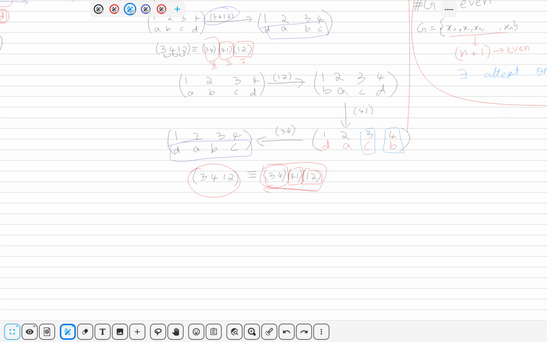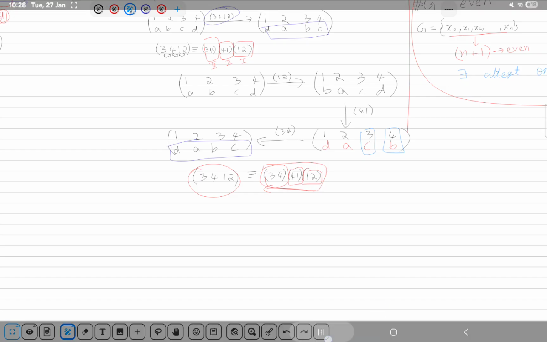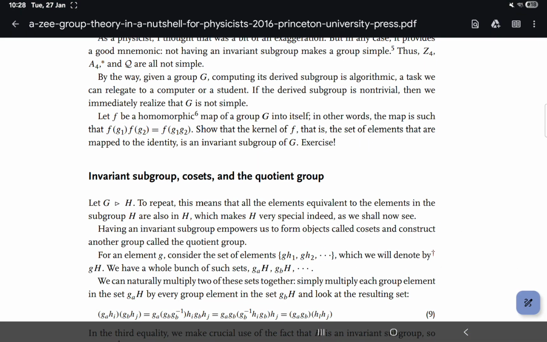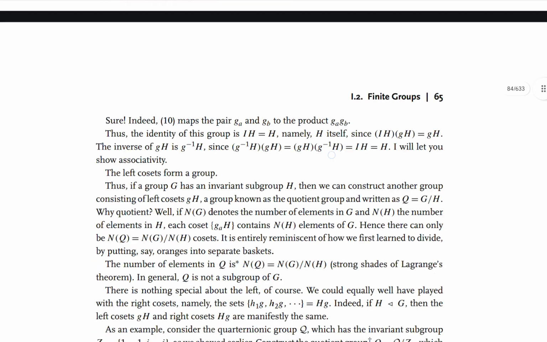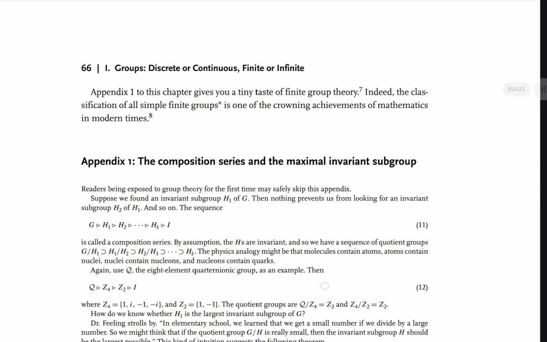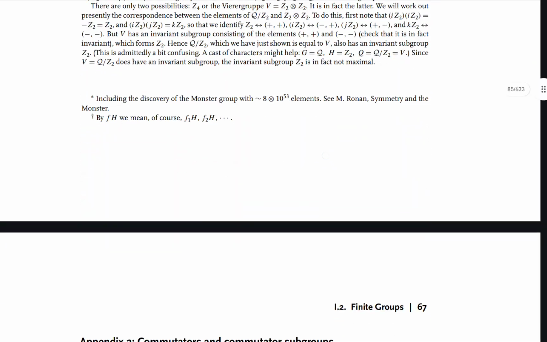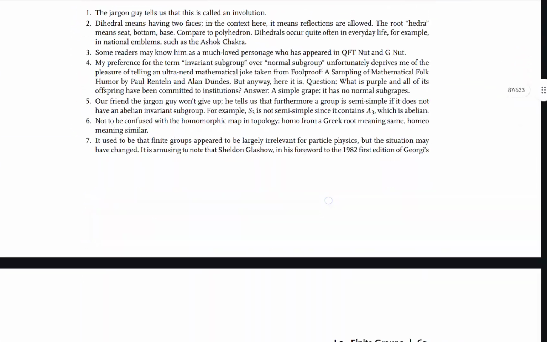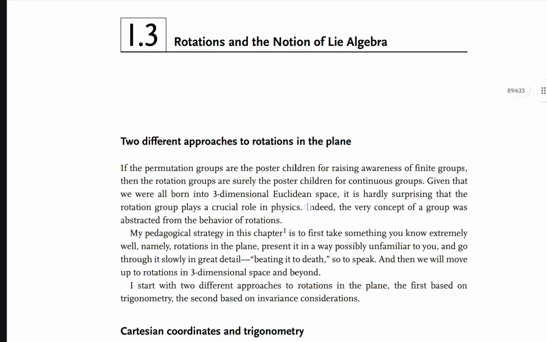So then what else can we do today? What else can I say now? Let me see from the book if there is anything interesting. Discrete or continuous? I don't think I have much to say.